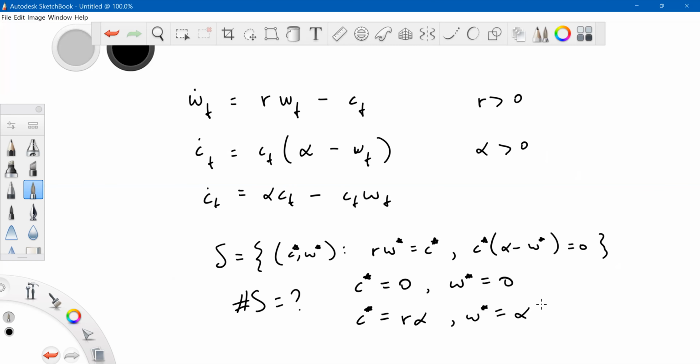Look at these two points: C1 W1 star, C2 W2 star, two steady states. If you put these into the equations, they satisfy the equations that define the steady state.